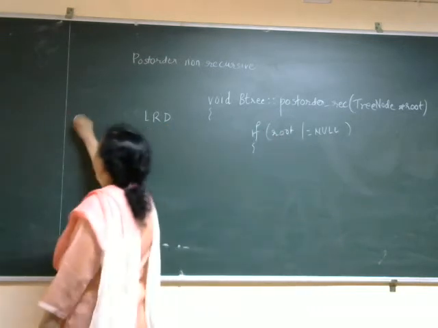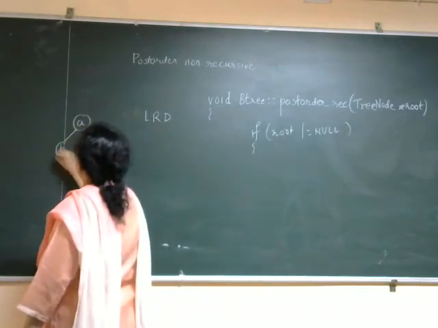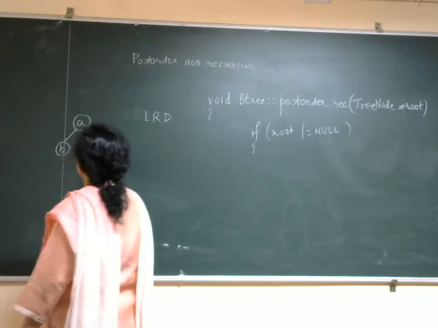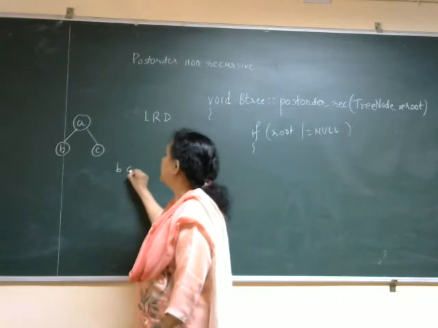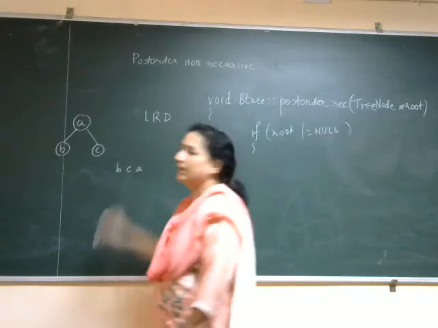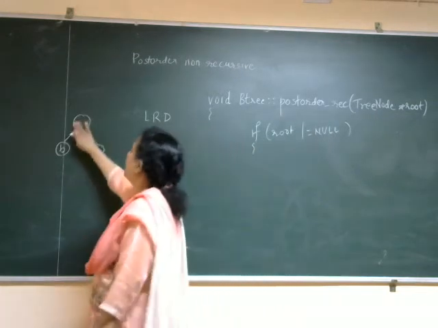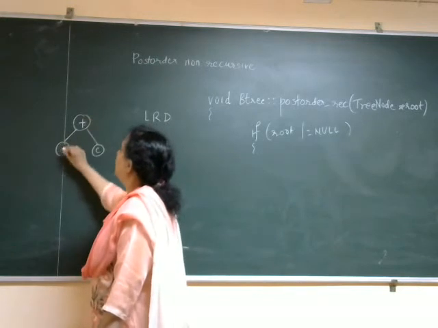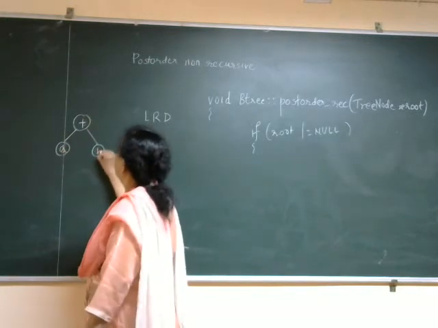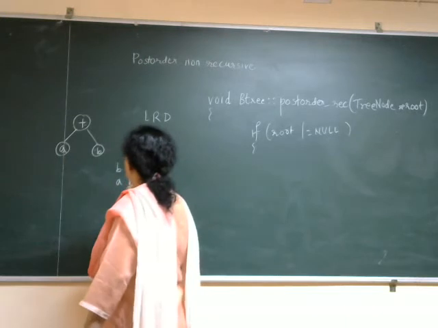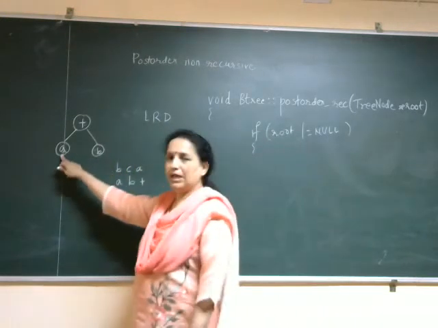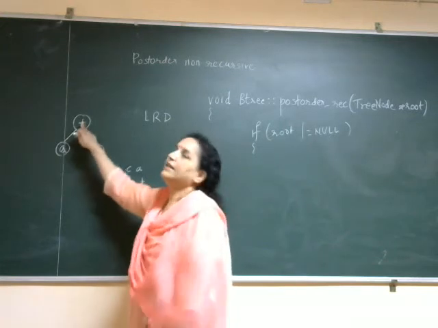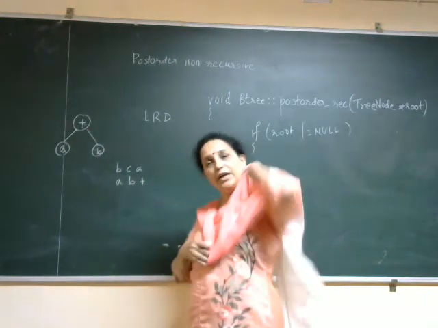Suppose there are three letters A, B and C. Now first it will be B, then C and then A. If it is an expression, plus A B, it will be displayed like this: A, B and then plus. So first it is going to left, then right and then root. This is true for each root.